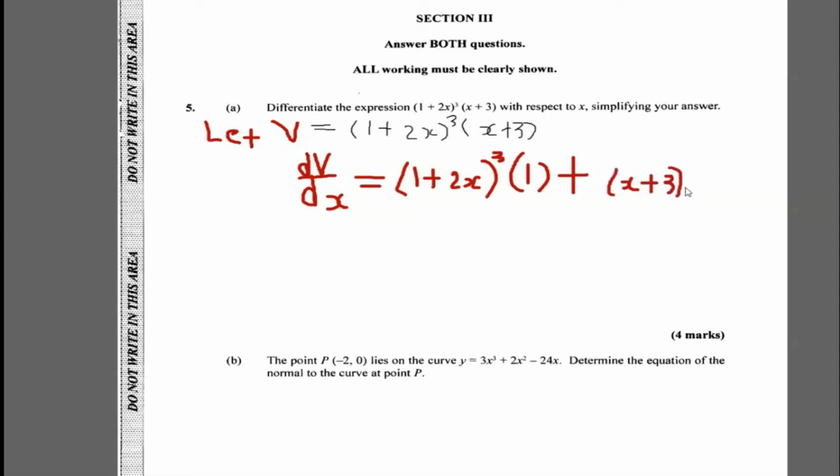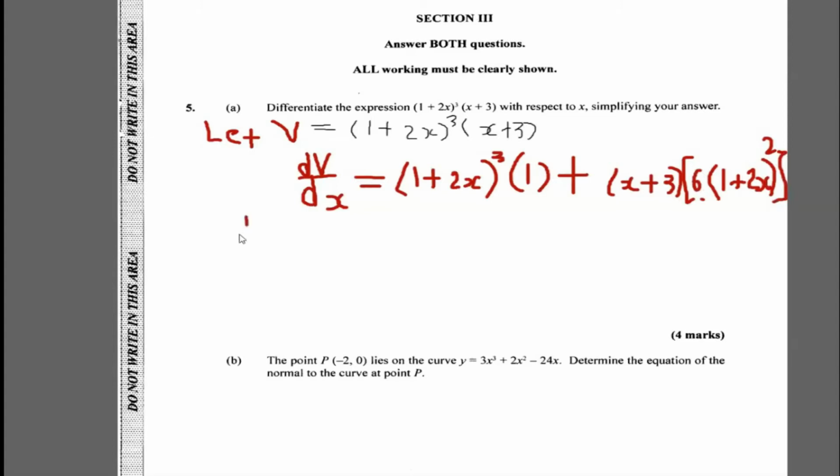The derivative of the first one is carry down the power 3, subtract 1 from the power to get (1 plus 2x) squared, and this is of course then multiplied by 2. Instead of multiplying it by 2, I'm just going to change the 3 to 6. Nice and easy. This is what we have.